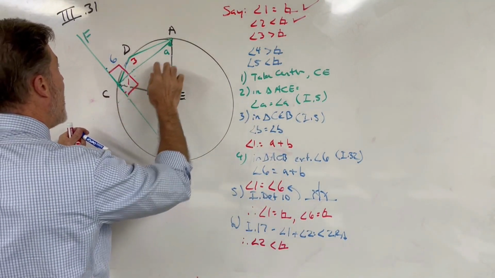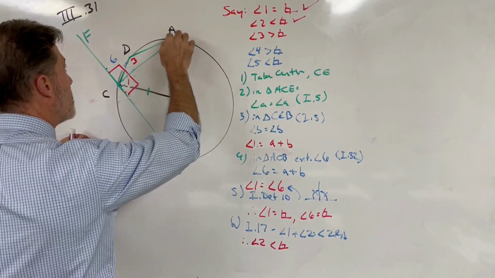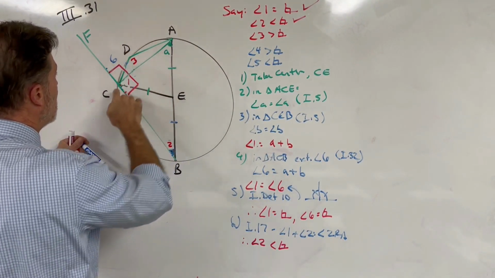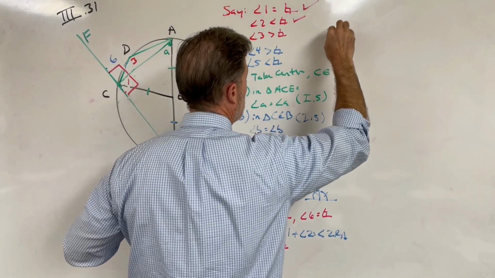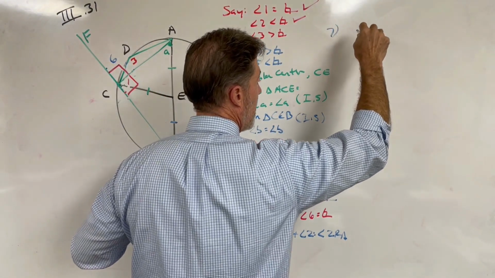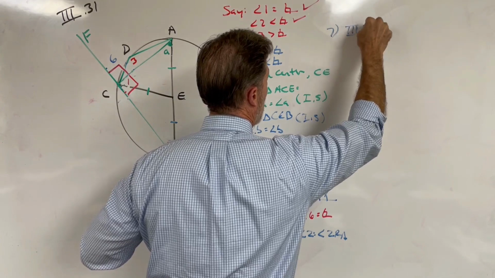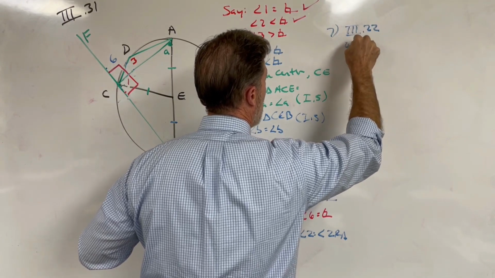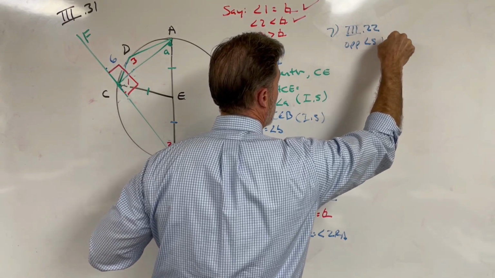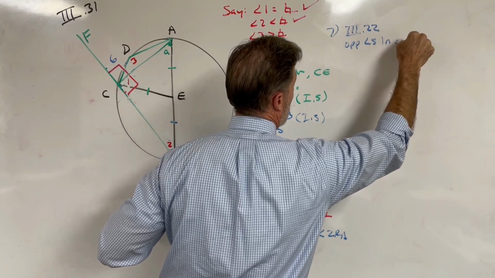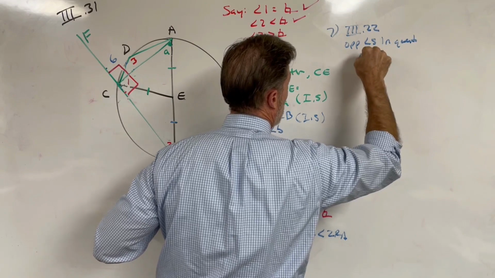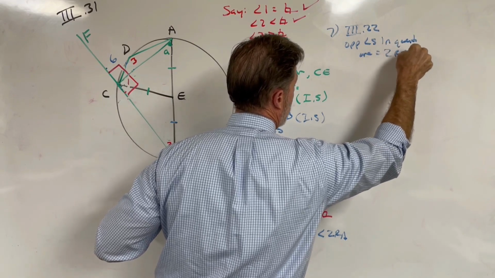Now let's take a look at our quadrilateral. We have a quadrilateral A, D, C, B. And in our quadrilateral, Book 3, Prop 22 tells us that the opposite angles in quadrilaterals are equal to two right angles.